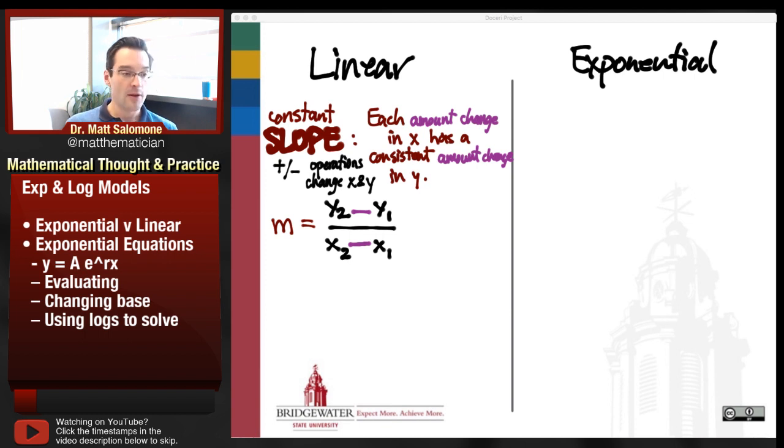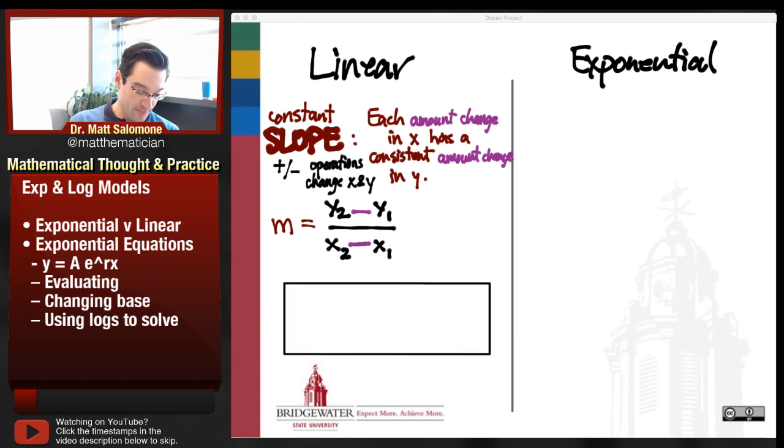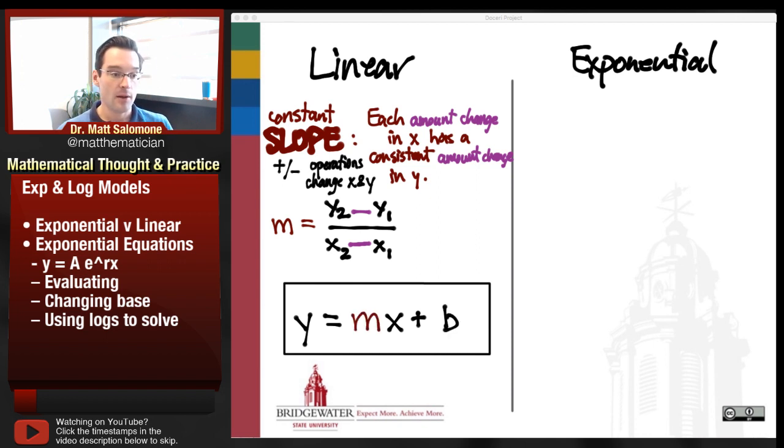So the fact that we're using subtraction here means that we're measuring amount changes in x and y when we're finding the slope. And then the equation template for any linear model is y equals mx plus b. So that's what we spent the first half of this unit talking about.